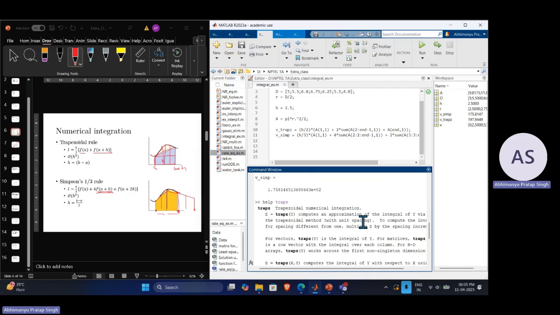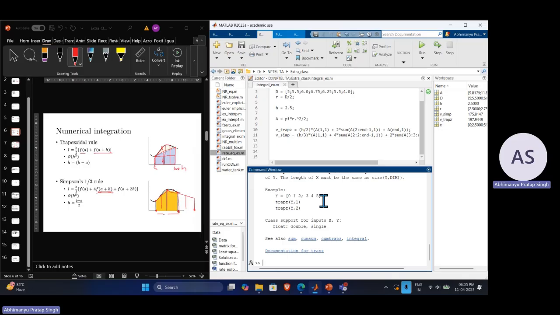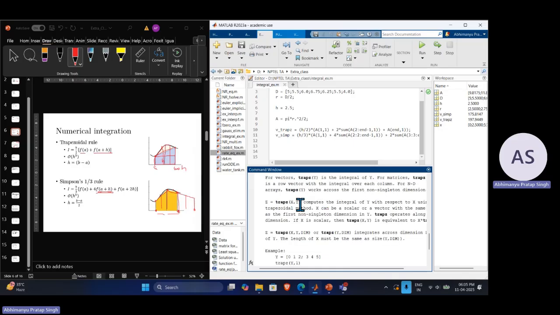Now this uses a unit spacing. So we need to multiply with our own h. So h is not 1, h is 2.5. So we need to multiply with that. The other way is that we can simply pass on both x and y values. That way we don't need to multiply it with h. It takes care of that automatically. Okay, since we have both x and y values, I will just do that.